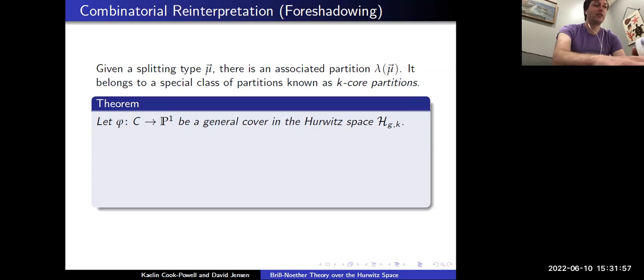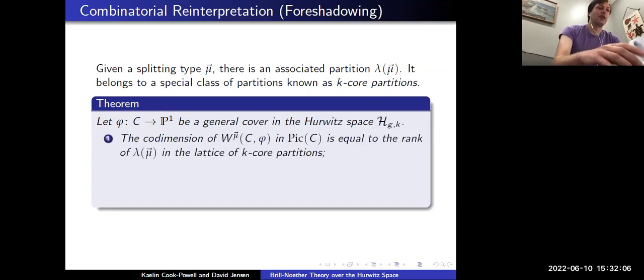So let C comma phi be a general element of the Hurwitz space. Then first of all, I should have said the K-core partitions, much like ordinary partitions, form a lattice. And this is the thing: we spent months trying to prove this, and it is already known if you know that these things are called K-core partitions.